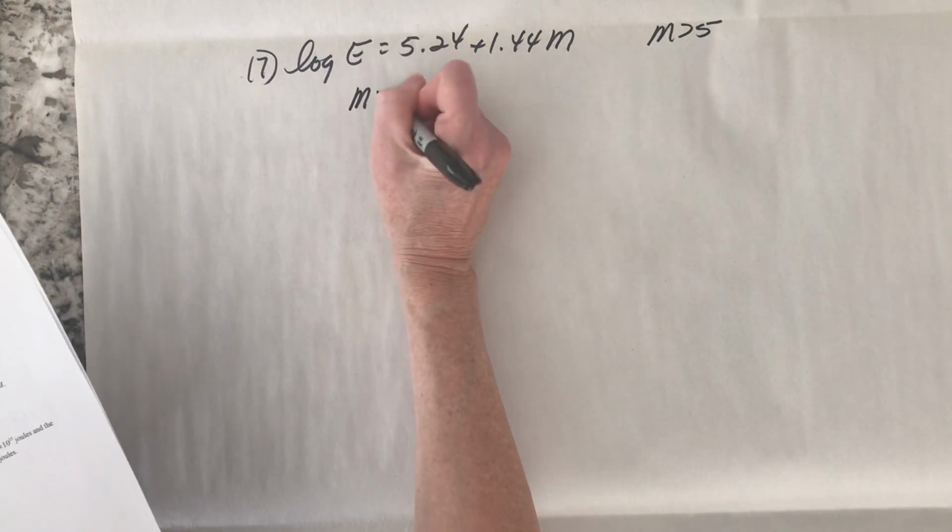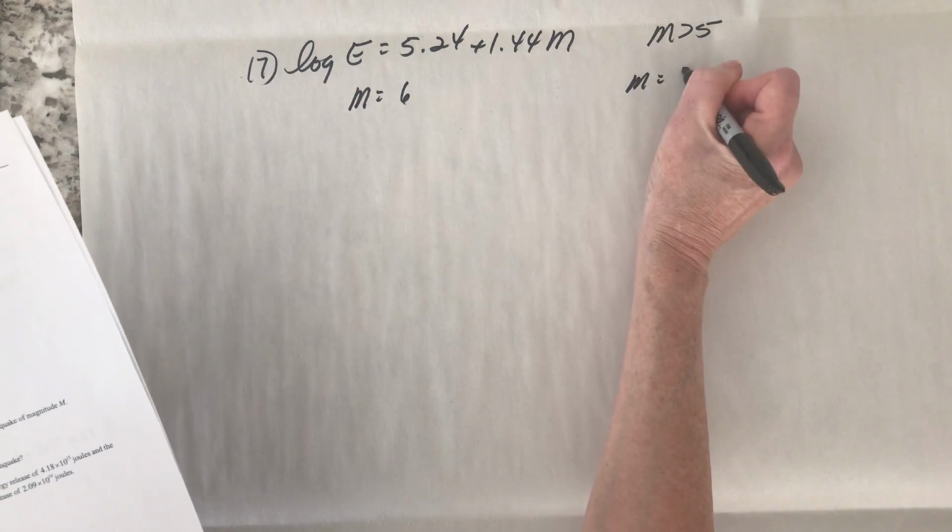I'm just reading it: the following formula relates the energy in joules released by an earthquake of magnitude M. What is the energy released by a magnitude 6 and a magnitude 7 earthquake? So let's look where M equals 6 and where M equals 7 and see how those vary.